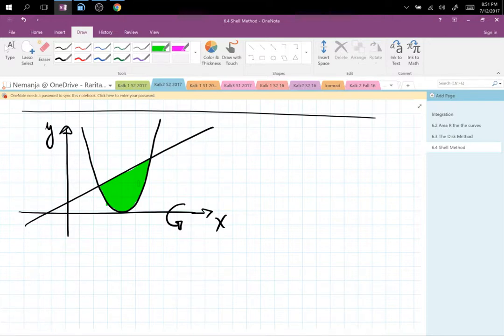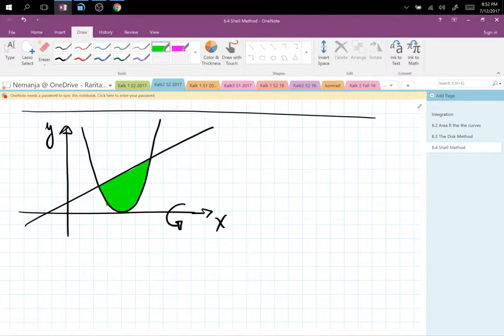What's happening with shell for this one? It will be dy. Can't actually, yeah. So here is the problem where disk method works and the shell method is impossible to do.